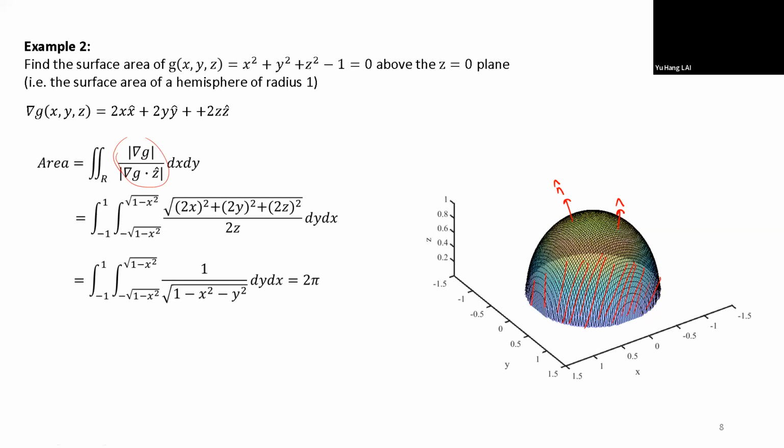Taking the gradient should be straightforward. But when we set the integration limits, again, we need to be careful, because I'm considering this spherical region in the xy plane.